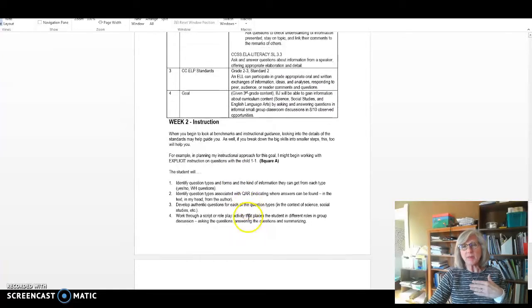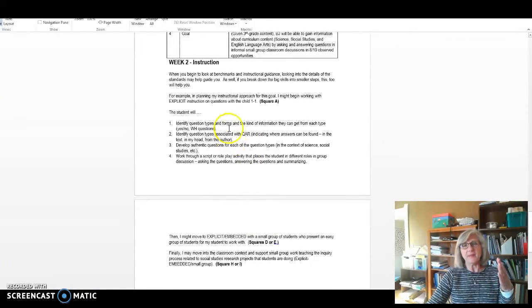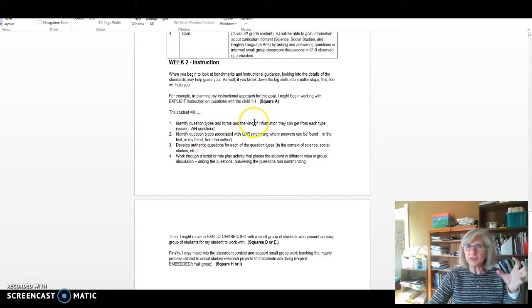Well, I walk my way through, and I show you how I start with some benchmarks here, and that's a couple of others. You'll have to identify benchmarks as well. But I might start in the first square, which is explicit one-on-one. He has to know what the questions are.